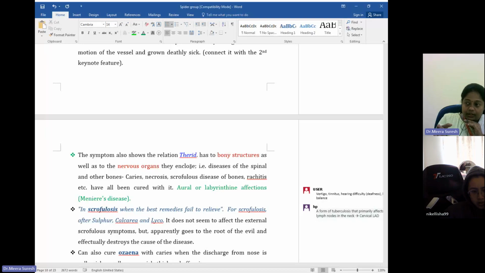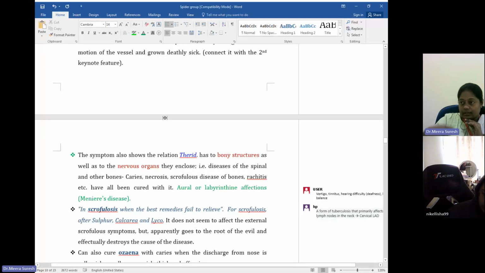When we say that, the first organ that comes to mind is the spinal cord, the vertebral column and spinal cord, the bony structure and the nervous tissue enclosed, and also even the scalp, and also the ear, the labyrinthine ear complaints, which also include the fluid and the nervous structures. So all these structures will be affected.